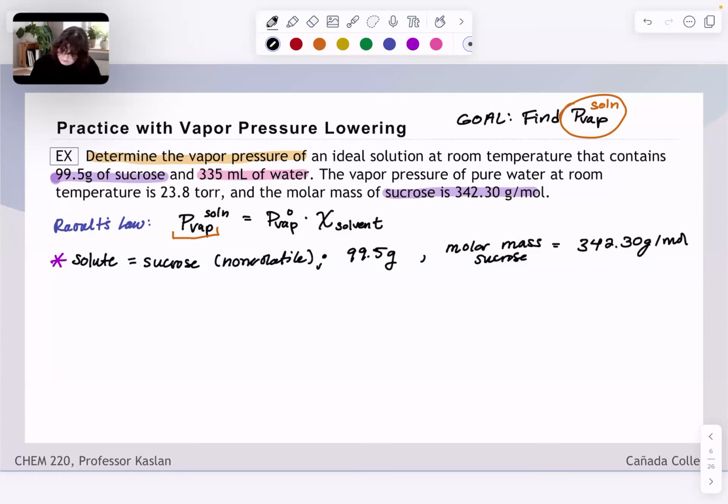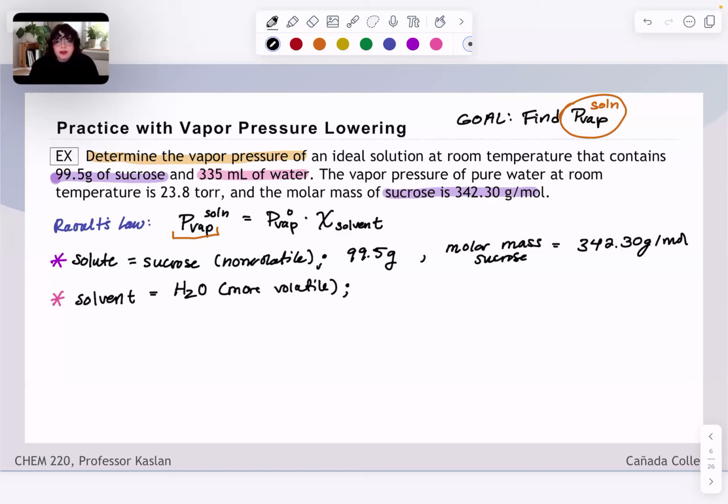Okay. How about our solvent? Our solvent, the more volatile substance, is going to be our water here. Water does establish some non-zero vapor pressures at decently low temperatures. So let's see if we know anything about our water.